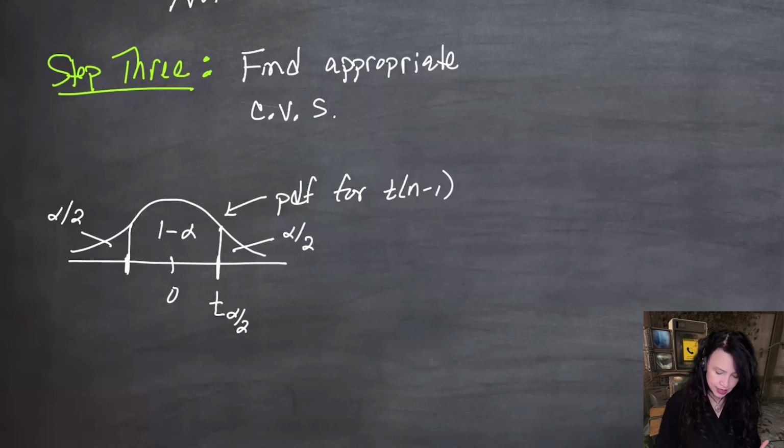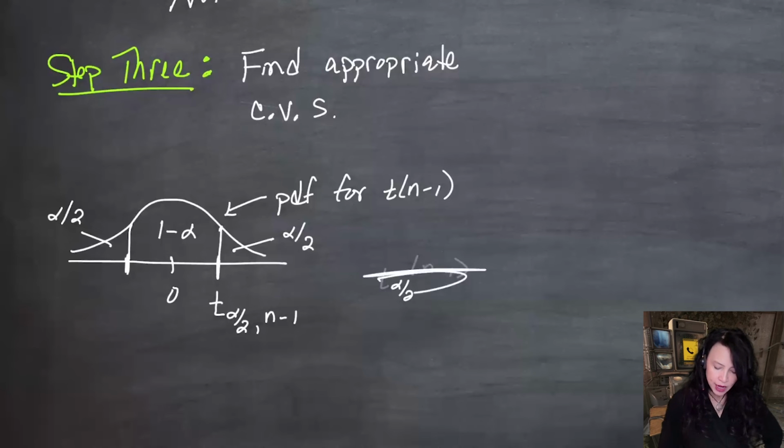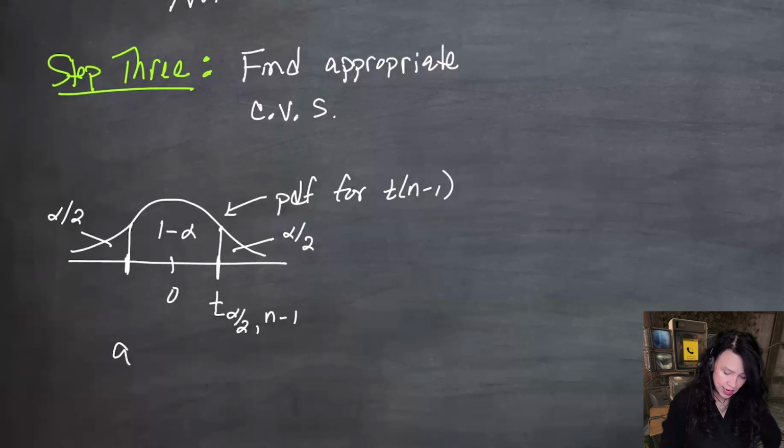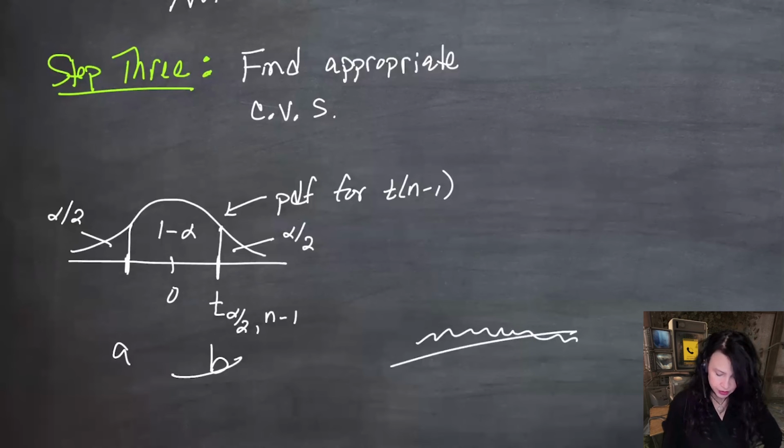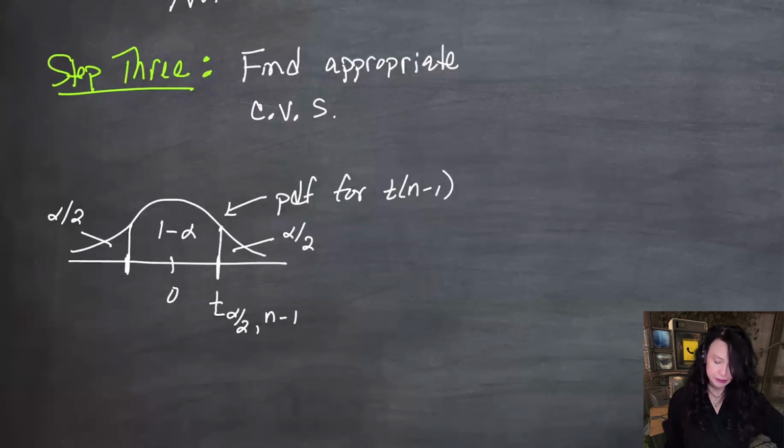So included in this subscript, I'm going to put comma n-1. You might see t sub alpha over 2 of n-1. That's okay too. I don't care what you use on your homework or exams. If you want to call this number A and this number B, as long as you say where B is the number that does this, that's okay too. As long as you've defined your symbols, I don't care what you use.